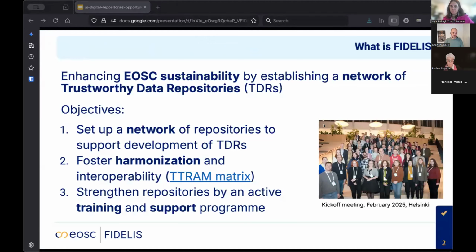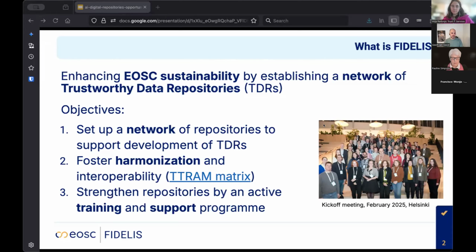So what is Fidelis? Fidelis is a project that tries to enhance EOSC sustainability by establishing mostly a network, and not just a network of trustworthy data repositories. The idea is that we make the research data landscape in Europe more FAIR, and with that also more trustworthy, and that's what Fidelis is all about.